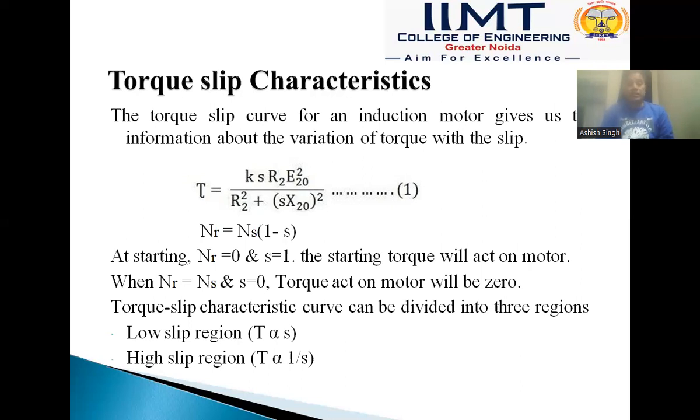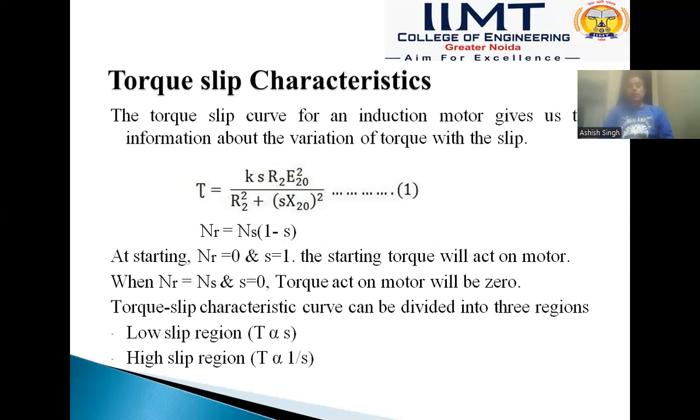squared plus (s X2_0) squared, where K is the constant, s is the slip of the three-phase motor, R2 is the rotor winding resistance, E2_0 is the induced EMF on the rotor winding at standstill condition, and X2_0 is the rotor winding reactance.